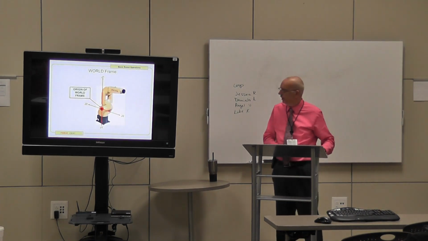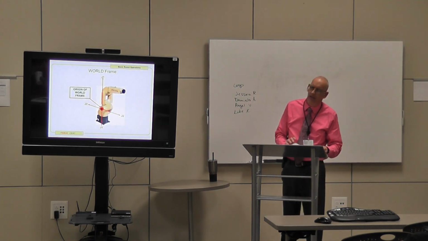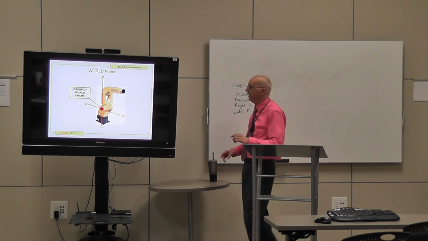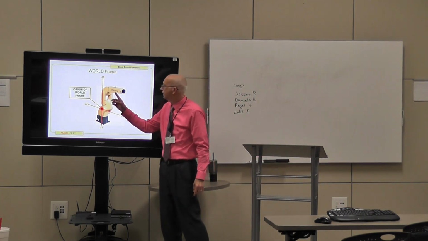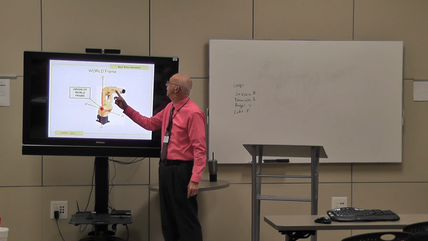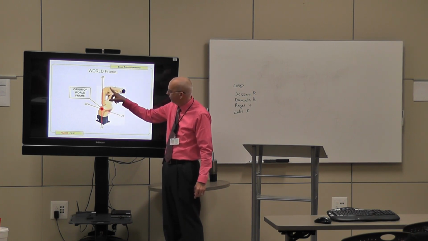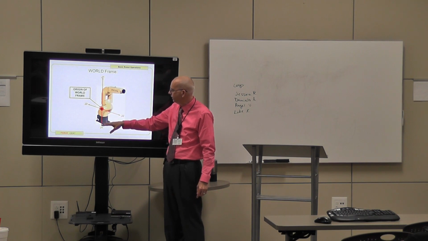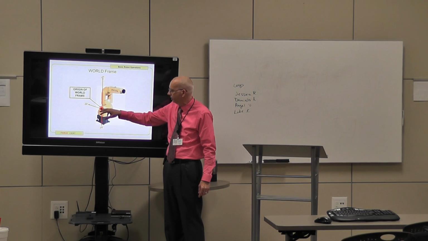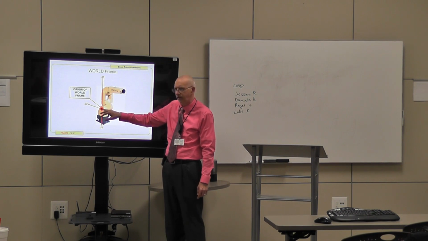In this one right here, this is our robot in the lab. It's actually the LR Mate 200, well, the IA4, but it looks the same as this, just a bigger one. You're going to notice that the origin is the center of this joint right here.